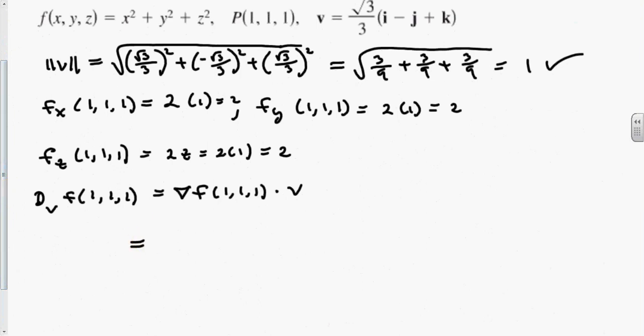So that becomes 2 comma 2 comma 2 dot product with the square root of 3 over 3 comma negative the square root of 3 over 3 comma the square root of 3 over 3.